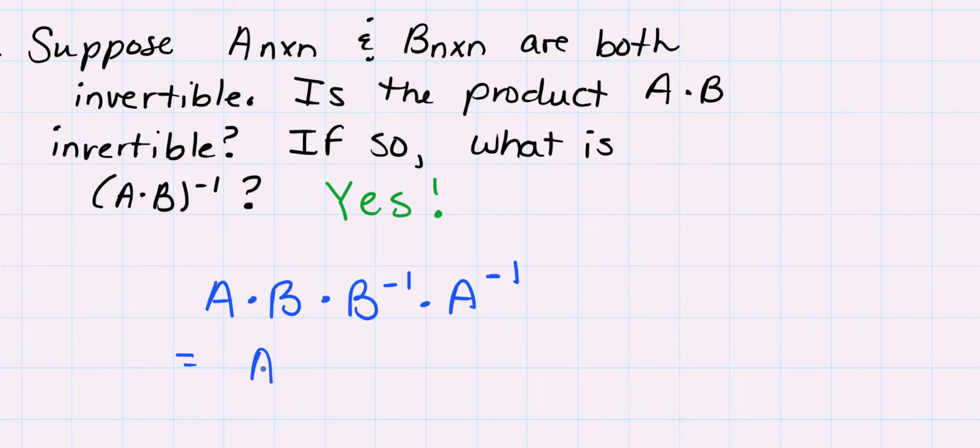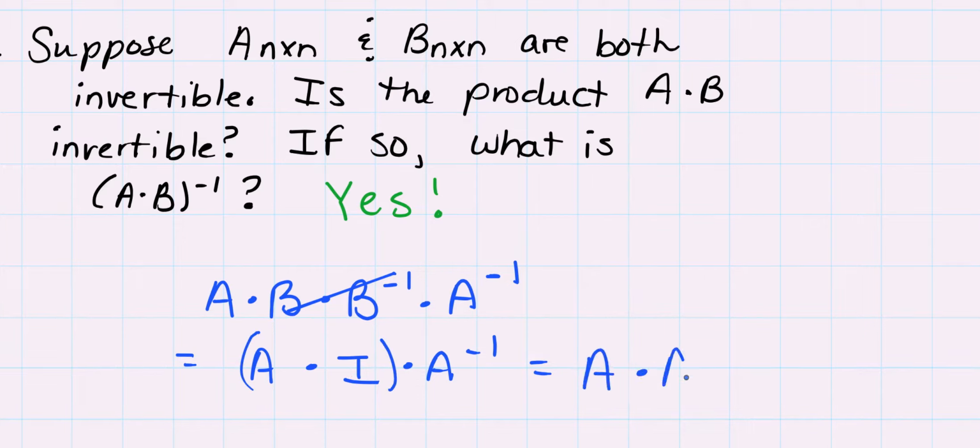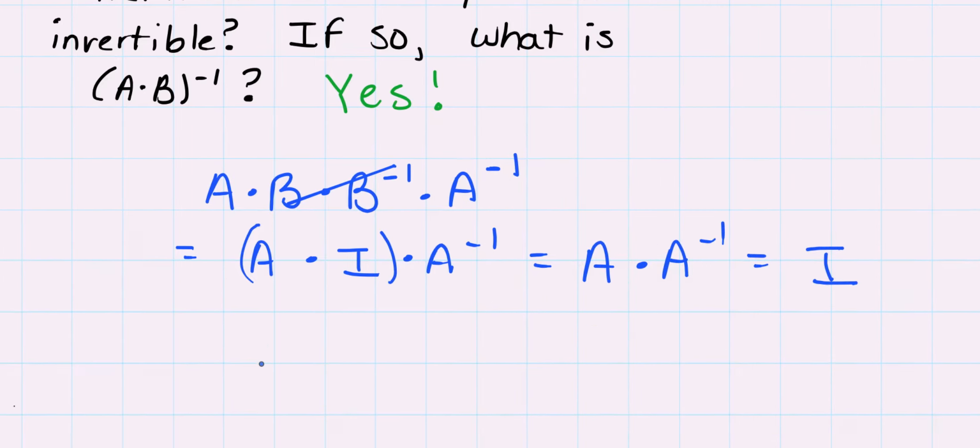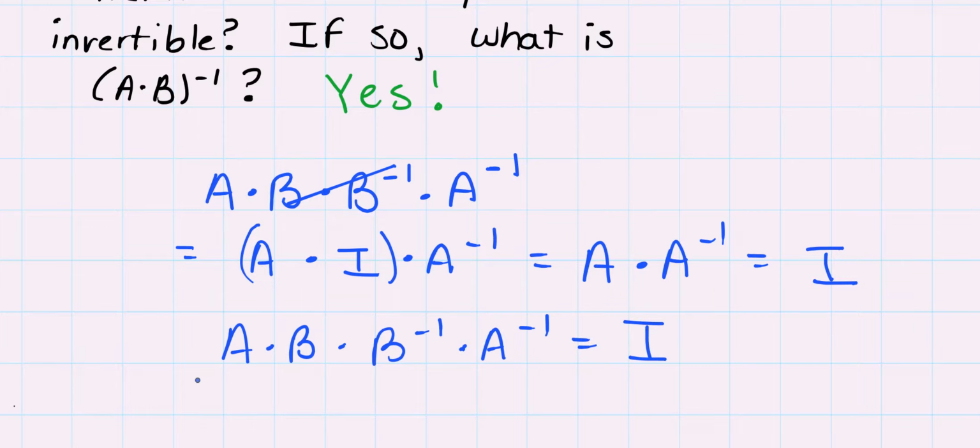Well, this is A times the identity times A inverse. And we can multiply these 2 together. We get A times A inverse, which is the identity. So we get that A times B times B inverse times A inverse is equal to the identity matrix.